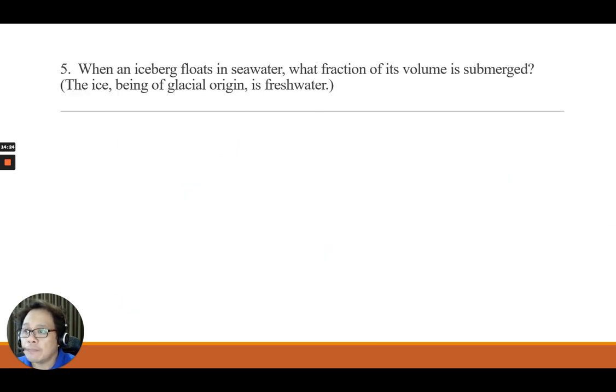Number 5. When an iceberg floats in seawater, what fraction of its volume is submerged? To compute for the fraction submerged, we have to get the specific gravity. So the formula is the percentage submerged. But in this case, it's going to be the density of ice over the density of seawater.